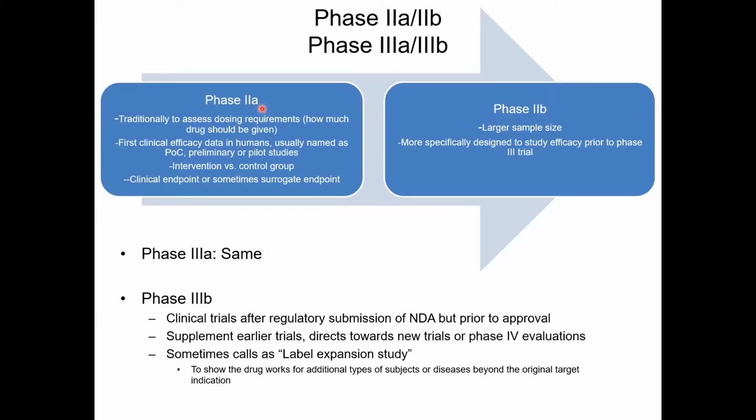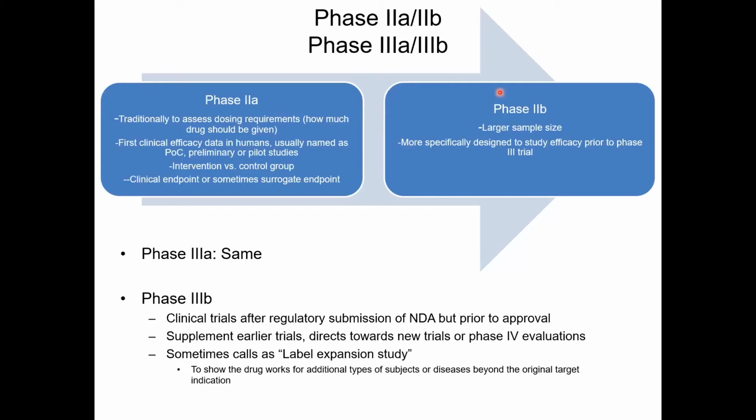Researchers can use a surrogate endpoint rather than a clinical endpoint. For example, in a motor recovery trial with a new drug, fMRI findings or transcranial magnetic stimulation results can be used as a surrogate marker for motor recovery.